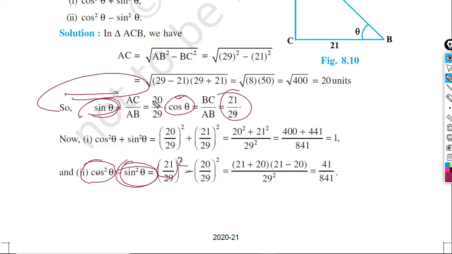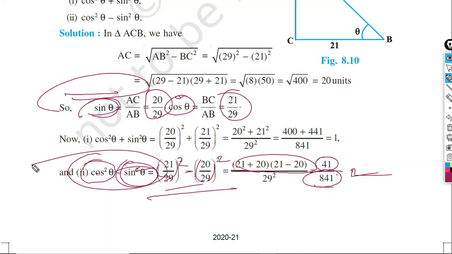We had identified sin theta as 20 by 29, so now (20 by 29) square. After calculation you will find 41 by 841. So this is the answer for cos square theta minus sin square theta.